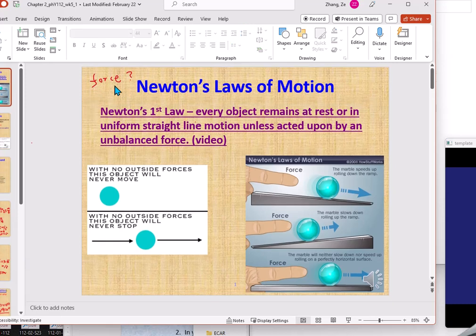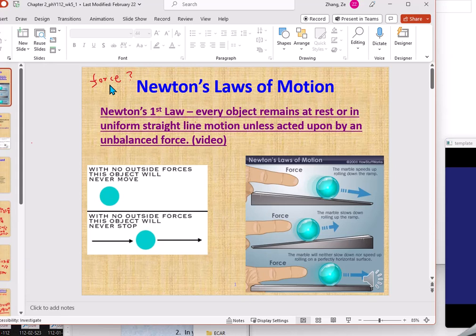So I write over here, what is force? Our daily experience tells us that if you apply force, things will move. And when things move, if you block it and apply a force in the opposite direction, it will stop. So force is what makes things move.